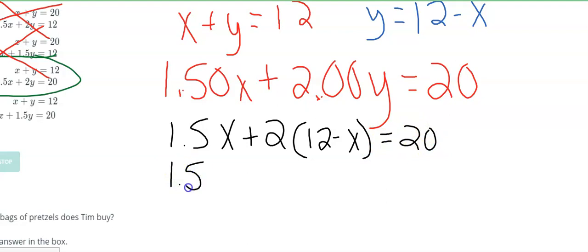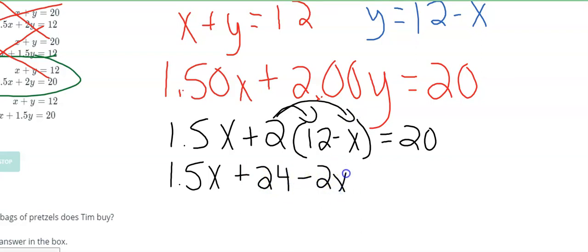I keep my 1.5x, and I need to distribute this 2 through to everything inside of the parentheses. 2 times 12 is 24, and 2 times a negative x is a negative 2x. And it's all equal to 20.